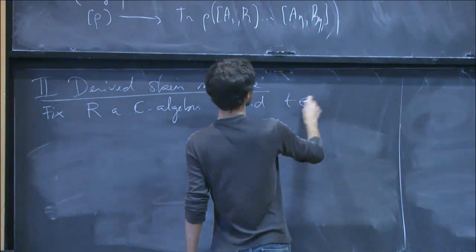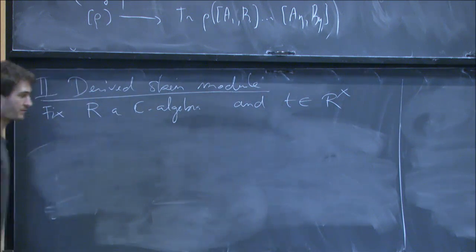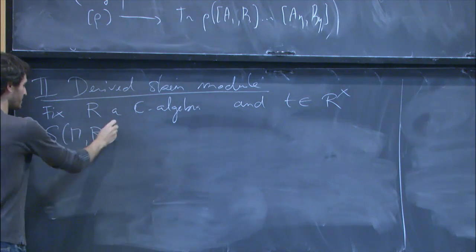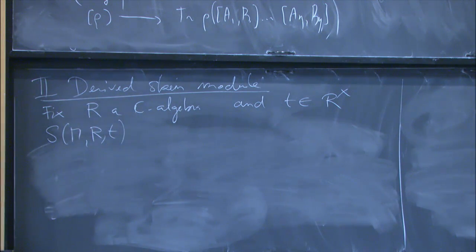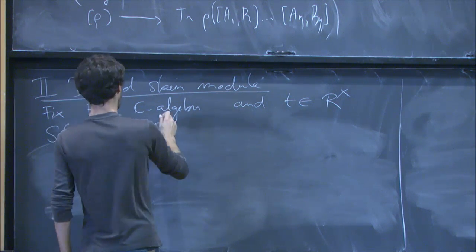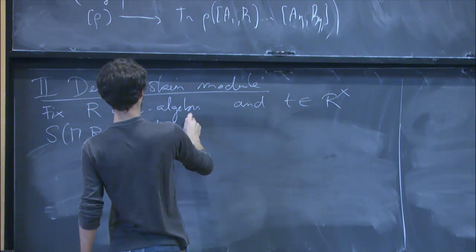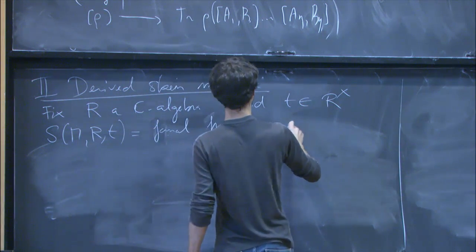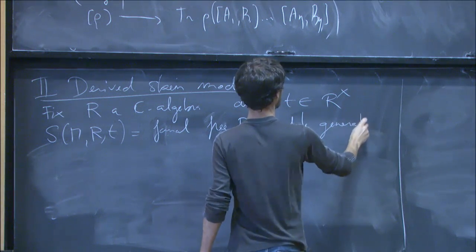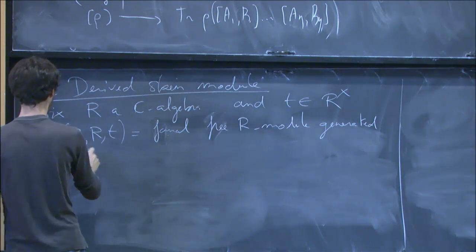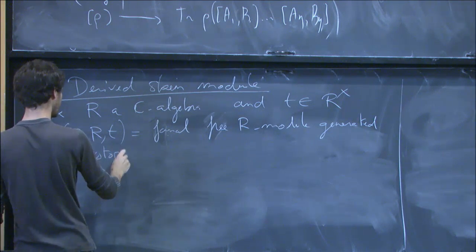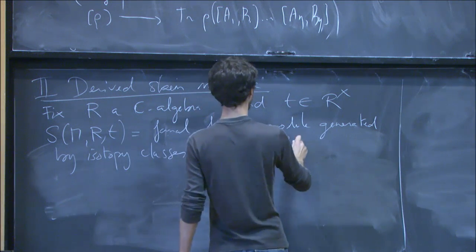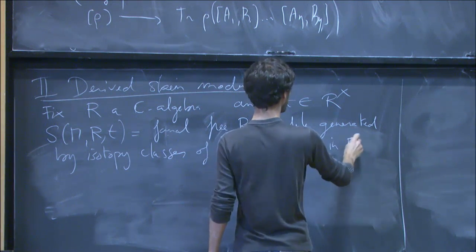And T an invertible element in R. So I define the skein module S of M with coefficient in R and specific value T as the formal free R-module generated by isotopy classes of banded links in M.